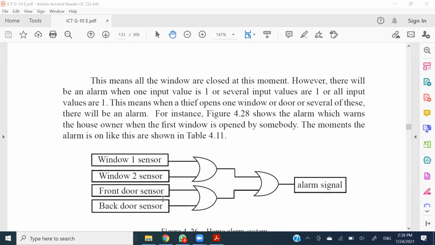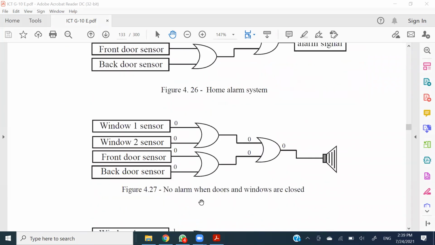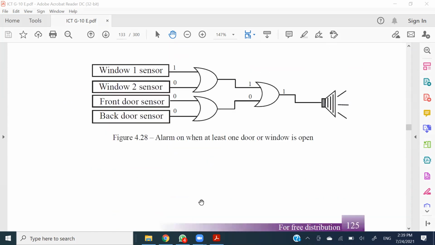But it's better if they have given that when the alarm is buzzing, it indicates 1, and when the alarm is not buzzing, it indicates 0. Okay, so in the book they have given several different circuits and given an idea about the thing.